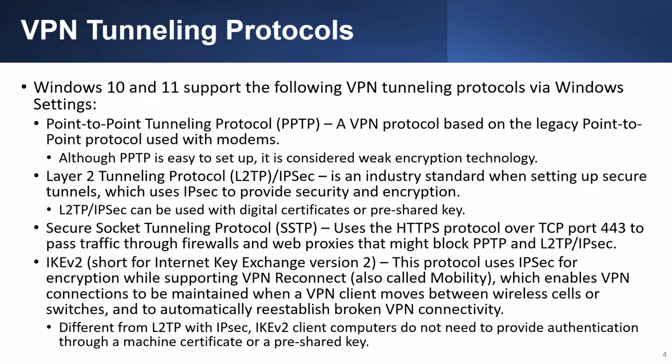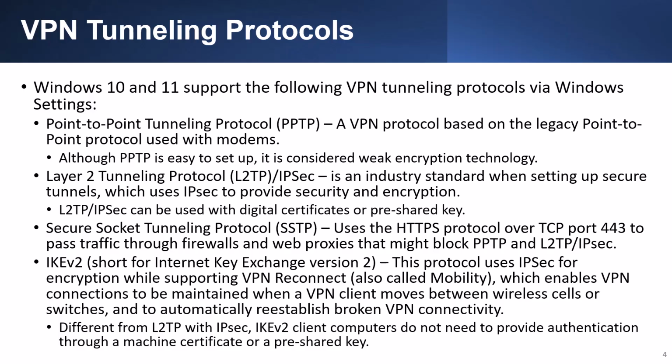L2TP with IPsec can be used with digital certificates or pre-shared keys. Secure Socket Tunneling Protocol, or SSTP, uses the HTTPS protocol over TCP port 443 to pass traffic through firewalls and web proxies that might block PPTP and L2TP over IPsec.